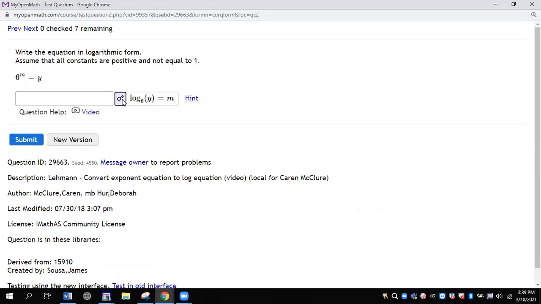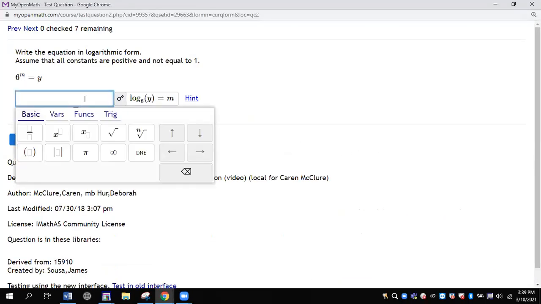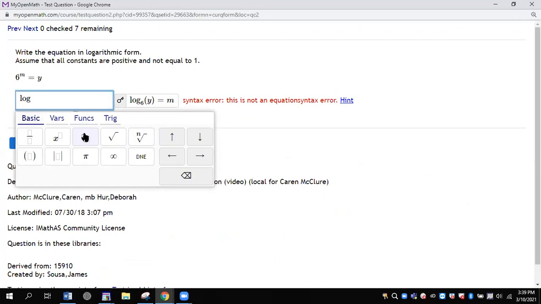It says parentheses in the answer, but to type this in, you've got to go log, and then hit the subscript button down here, yeah, here it is. Click on that, then it'll go down for the 6, but then you have to get back to the main line. You can click, or hit the right arrow or the tab.